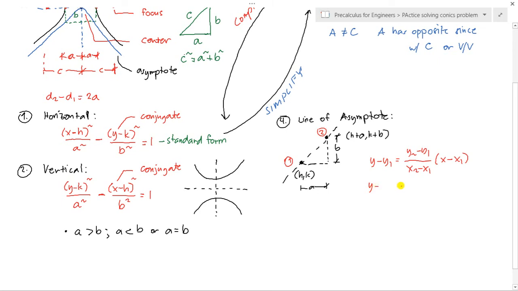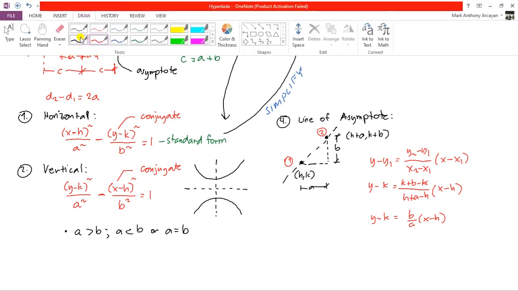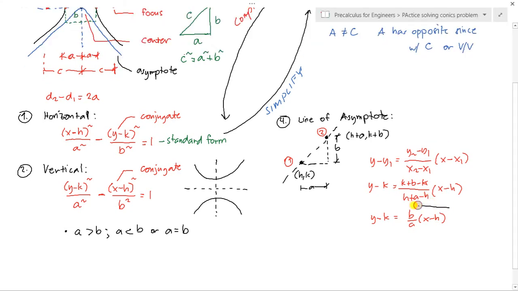So, we have here y minus k is equals to y2 minus y1, that is k plus b minus k, all over h plus a minus h, then x minus h. So here we have y minus k is equals to b over a, then x minus h. So this is the general formula for the line of asymptote.